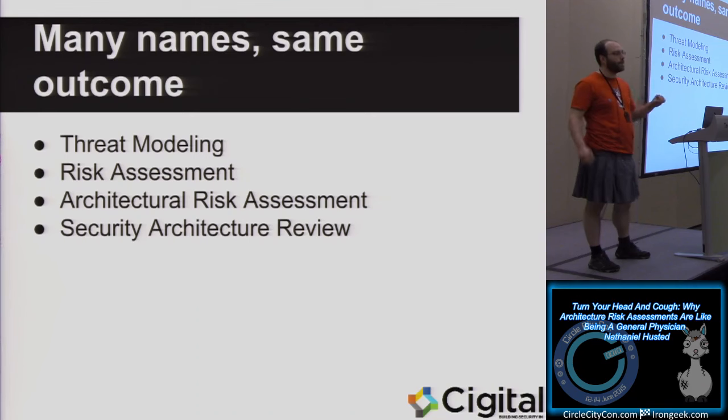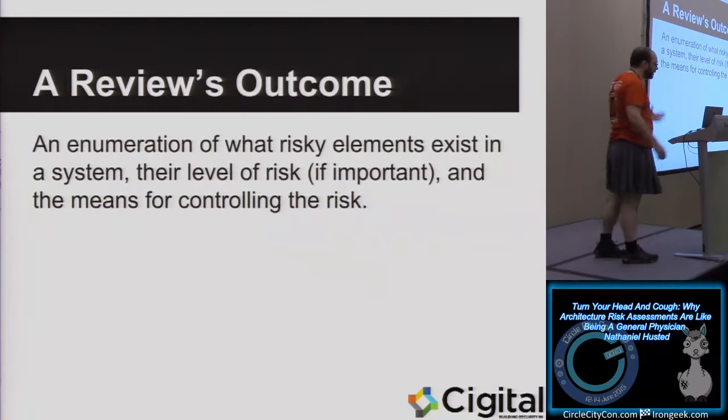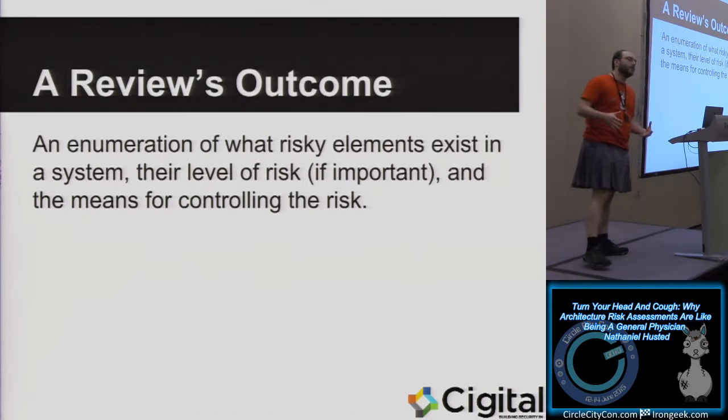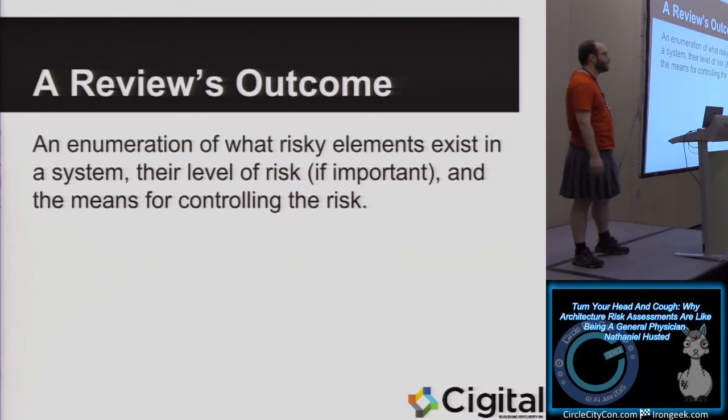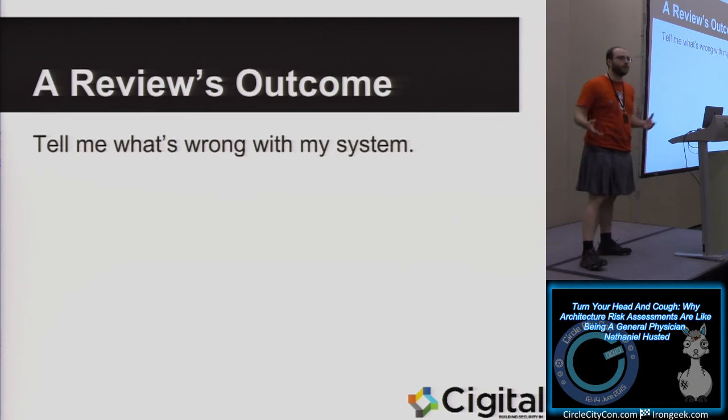But most will have maybe a slightly different method, maybe slightly different verbiage. But in the end, what you're really looking at doing is enumerating what risky elements there exist in a system, what level of risk they have, and then how can I control for that risk. So basically tell me what's wrong with my system so I can fix it.